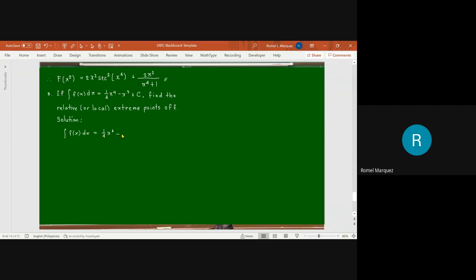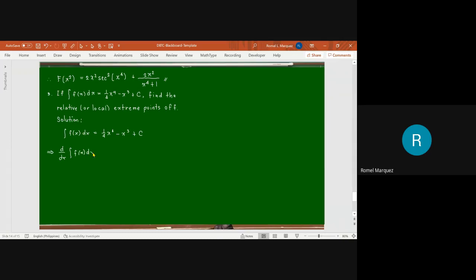This is equal to the derivative of the right side relative to x: the derivative of 1/4 x to the fourth minus x cubed, then plus c, no?